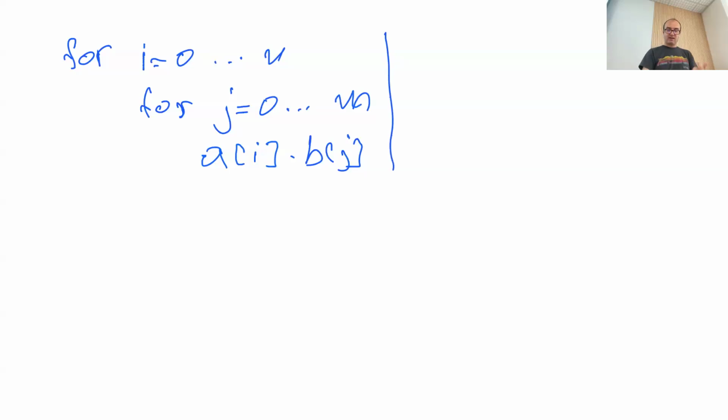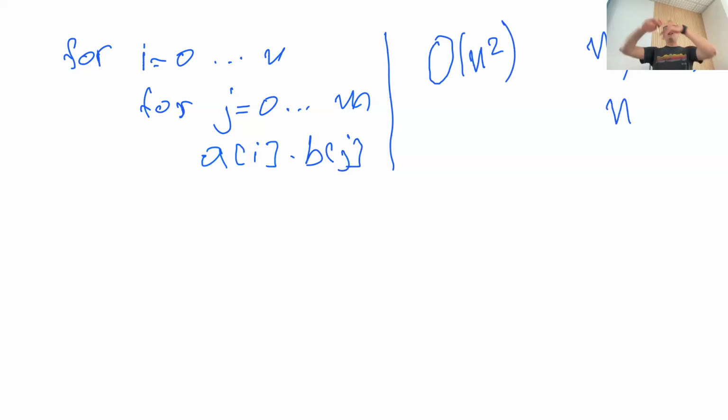The complexity of this algorithm is n times m. So if n and m are really big numbers, we can say that they're both some really big number n. So we will have to do n squared multiplications. This is called n squared time.